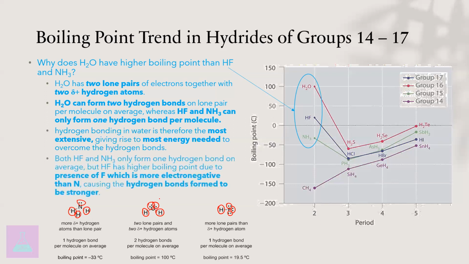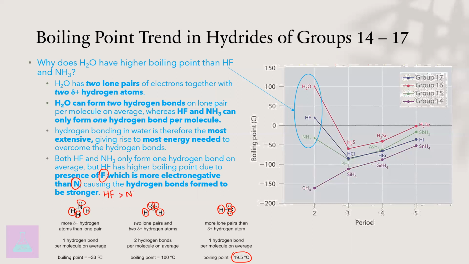Both of them would only have one hydrogen bond, but hydrogen fluoride has a boiling point of 19.5 degrees, whereas ammonia is negative 33 degrees, right?